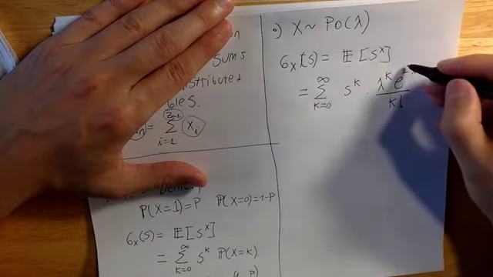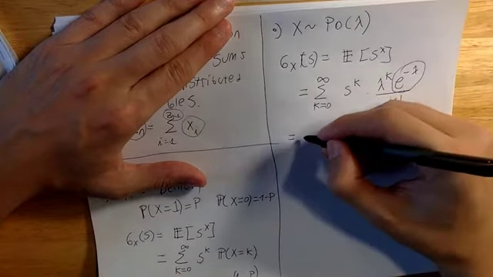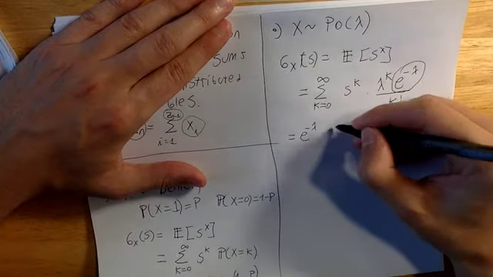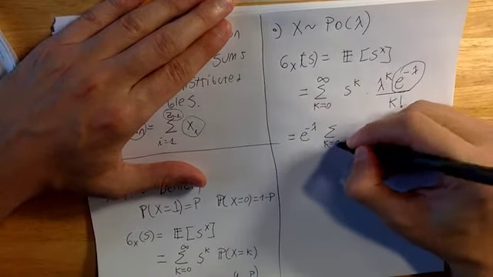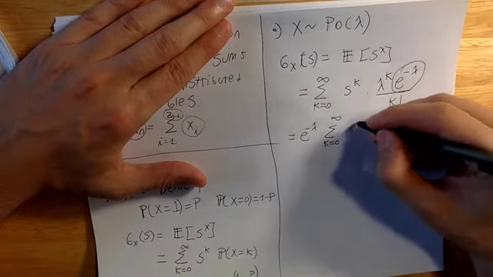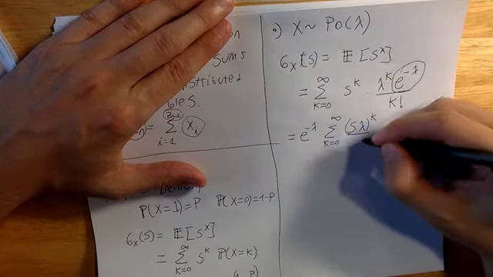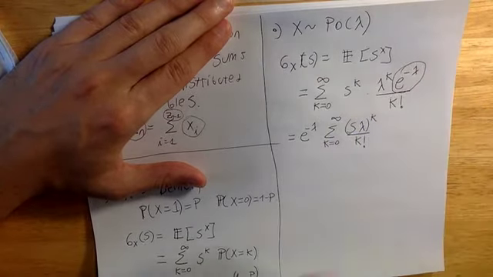Now we can realize that this term is independent of the sum. So here we get e to the minus lambda times the sum from k equals 0 up to infinity, and now s and lambda are raised to the same value, so this is (s lambda) to the k over k factorial.